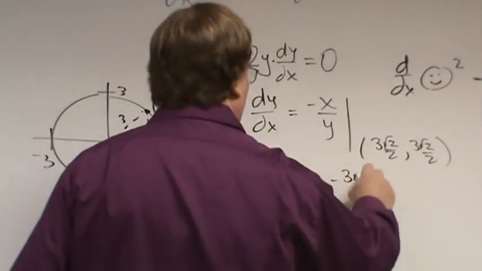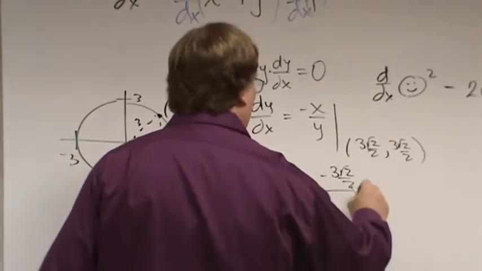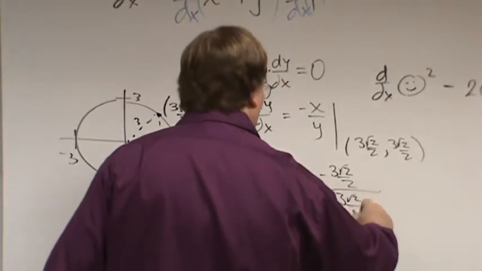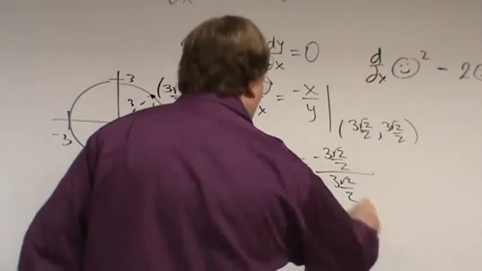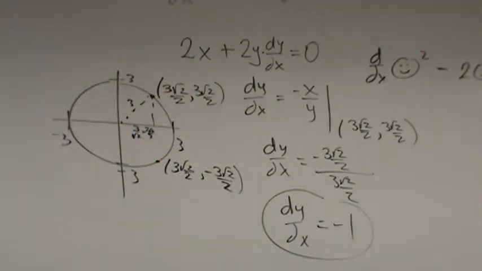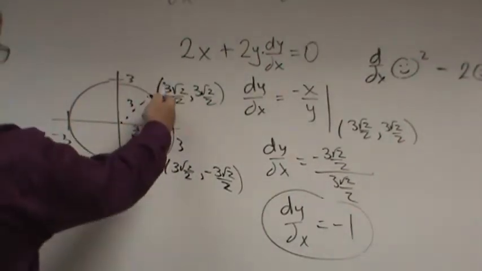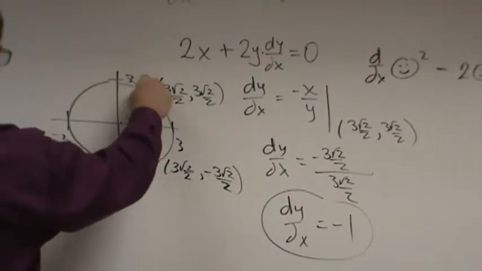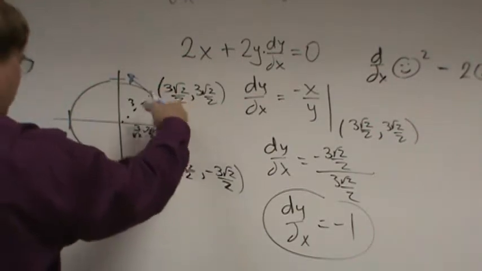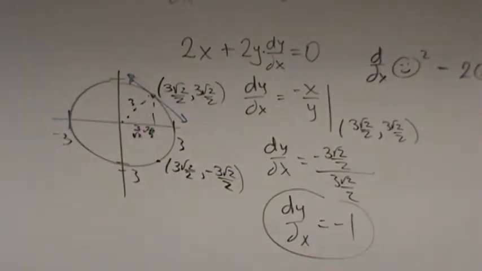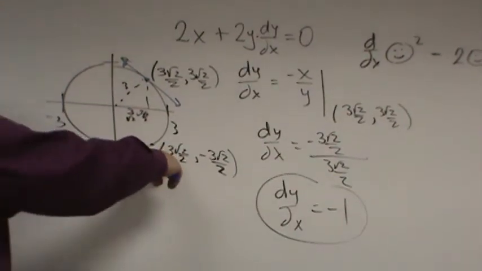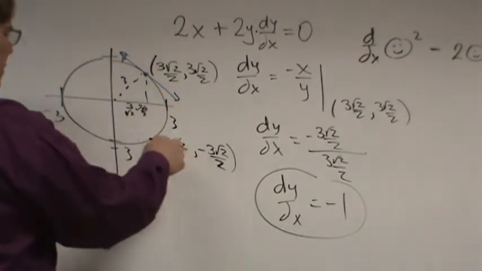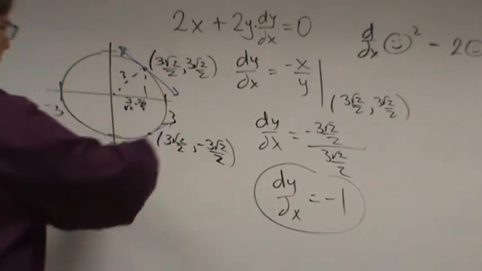I got negative 3 rad 2 over 2 over 3 rad 2 over 2, which gets me negative 1. And you observe that matches your graph. At (3 rad 2 over 2, 3 rad 2 over 2), sure enough, the slope of the tangent appears to be negative 1. And similarly, at (3 rad 2 over 2, negative 3 rad 2 over 2), I would get a slope of positive 1, just as my graph shows.